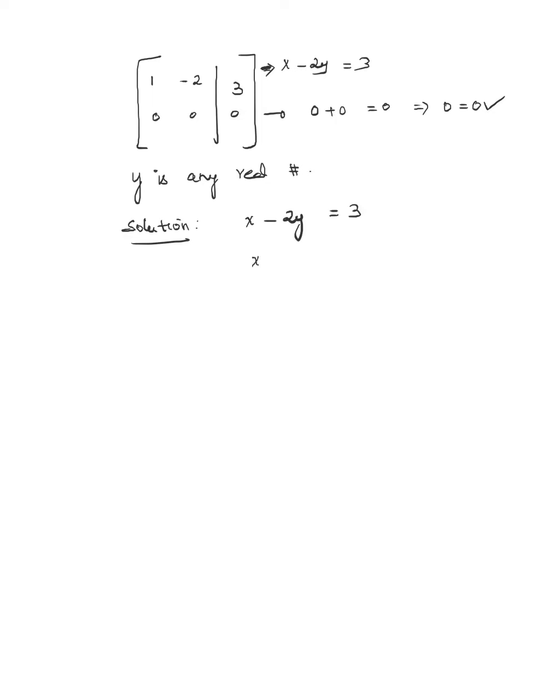That means when you add 2y to both sides, we get x equals 2y plus 3. So the solution I can write: x is 2y plus 3, and y is any real number. That means we will be getting an infinite number of solutions for this problem.